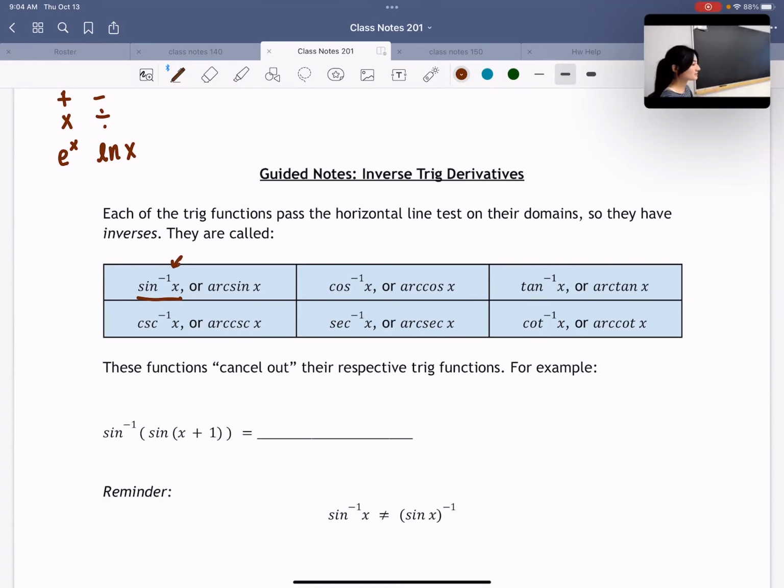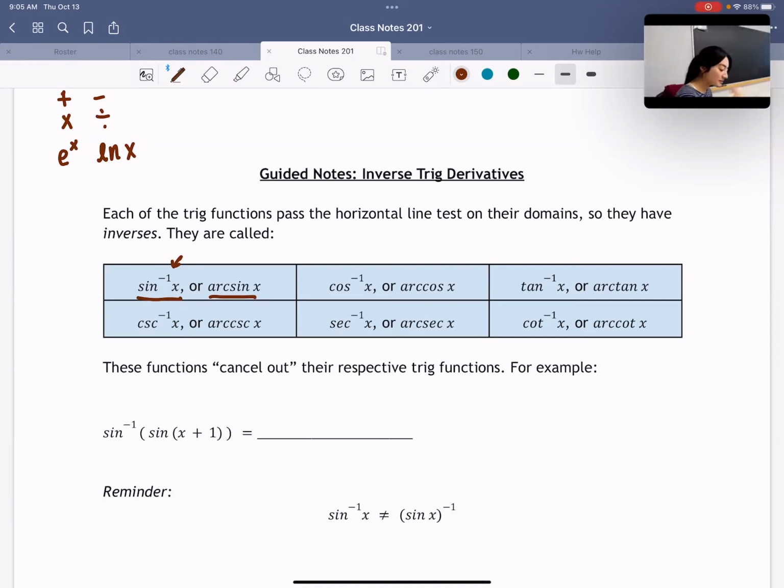We just say sine inverse x. If we don't like writing the -1, instead of writing sine inverse, we can also write arcsine. So arcsine and sine inverse mean the same thing. The notation is pretty much the same for any trig function, like cosine, tangent, cosecant.